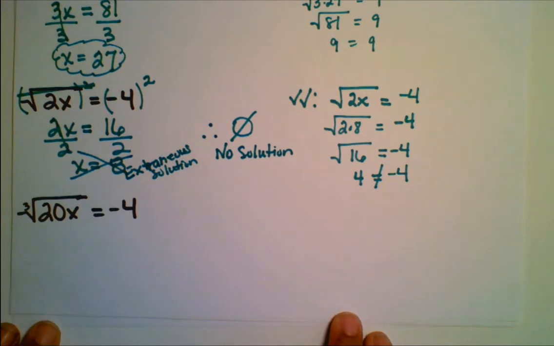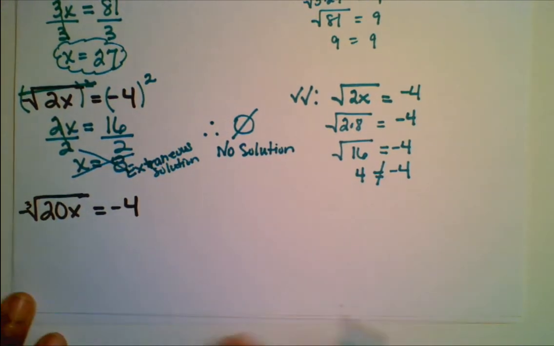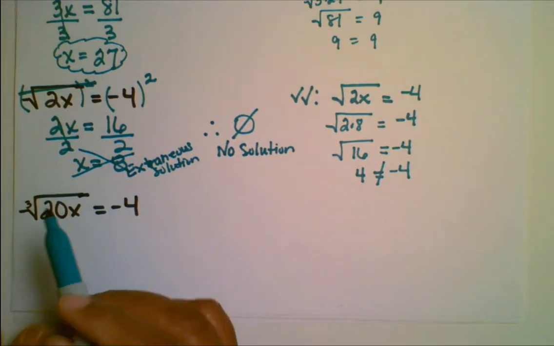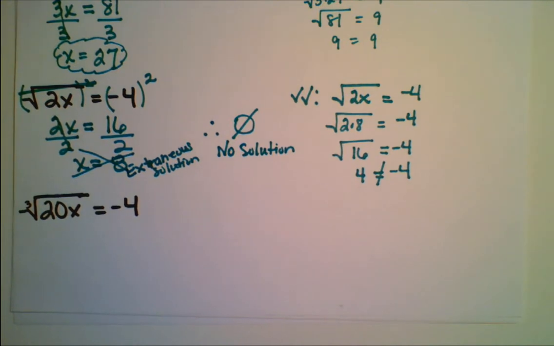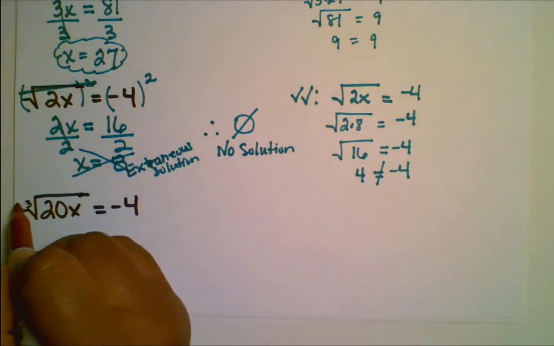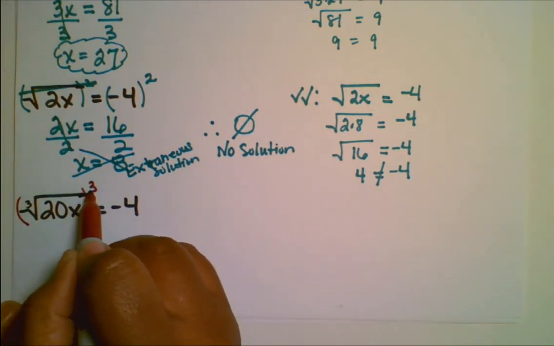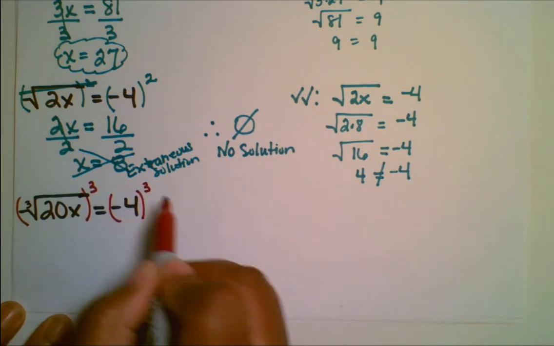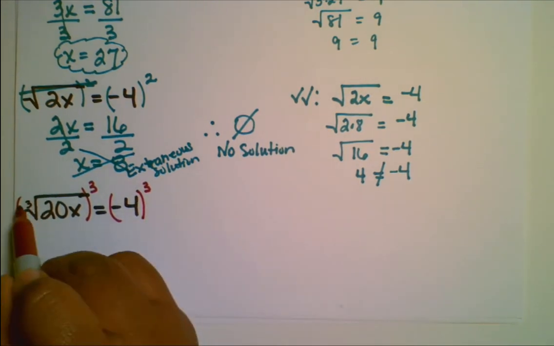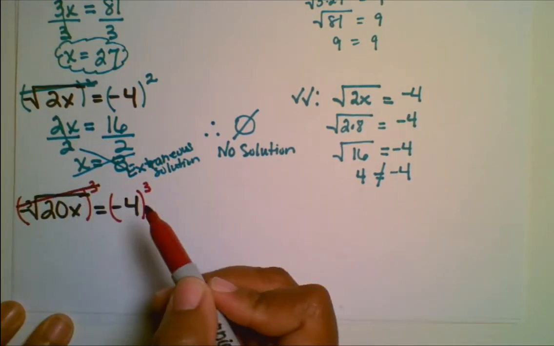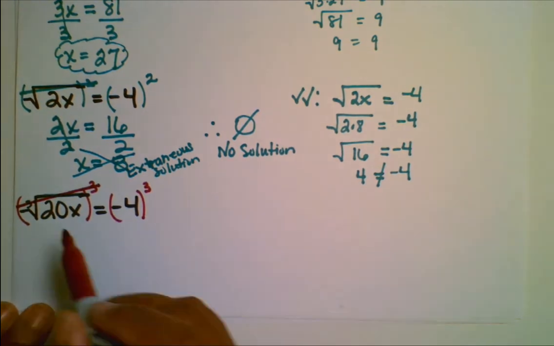Last example on this page, we have the cube root of 20x is equal to -4. So what would negate a cube root, an index of 3? Raising both sides of the equation to the power of 3. So on the left-hand side, the cube root and the exponent of 3 cancel out.